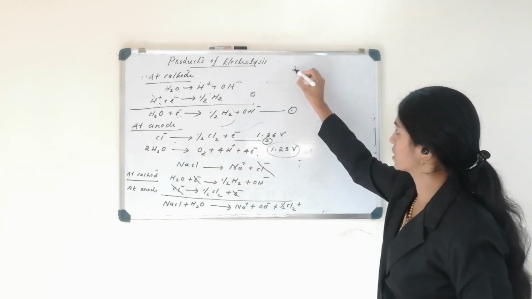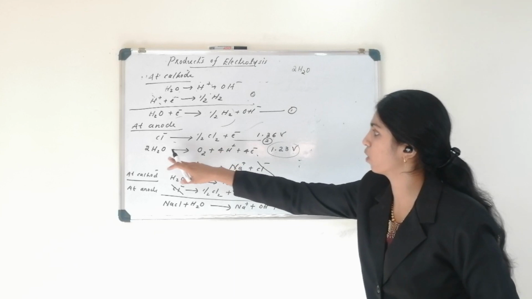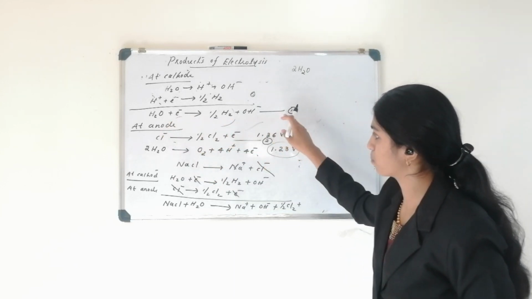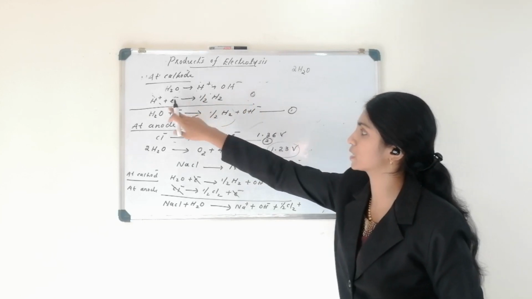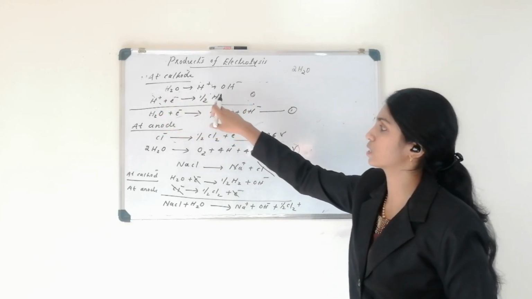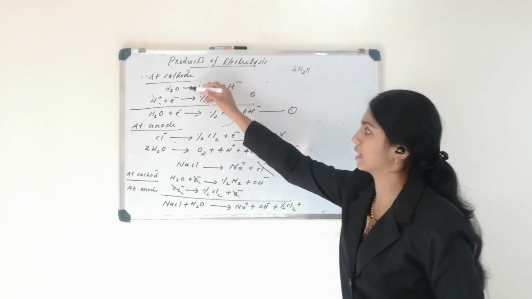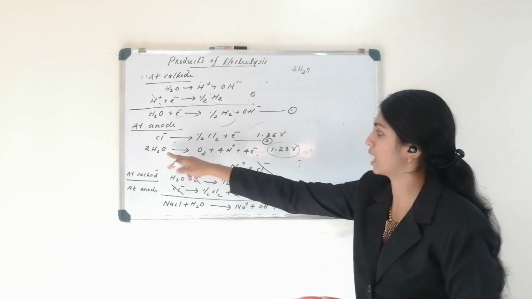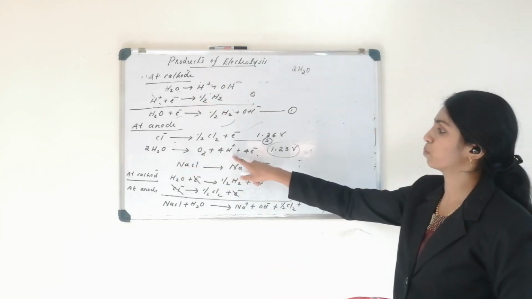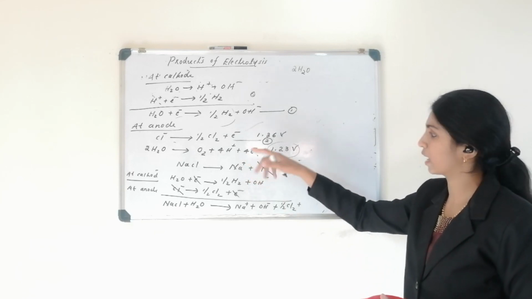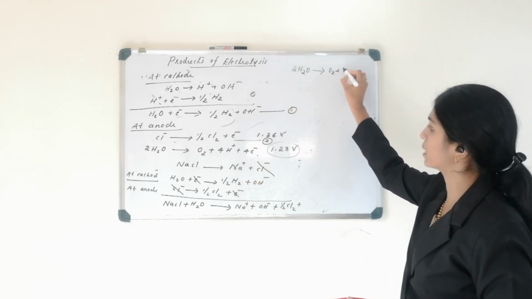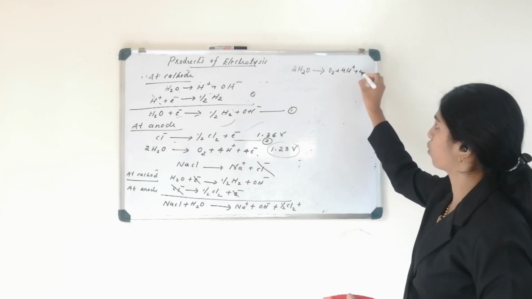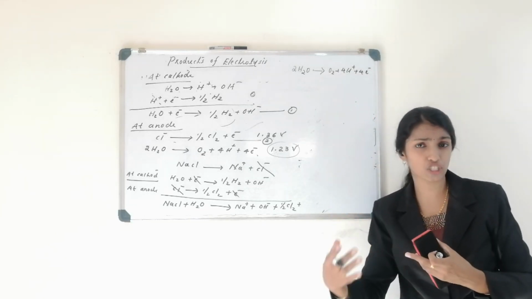One of the reactions is 2H2O. This 2H2O is obtained by adding these two equations. H2O dissociates to form H plus and OH minus ion, and that H plus ion receives electrons. We will get hydrogen, and the net reaction we can sum up, and 2H2O gives O2 plus 4H plus 4 electron. I have explained this already. So 2H2O gives O2 plus 4H plus 4 electron. This is one chance.